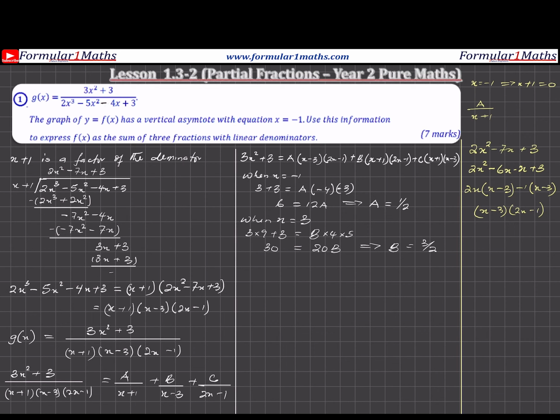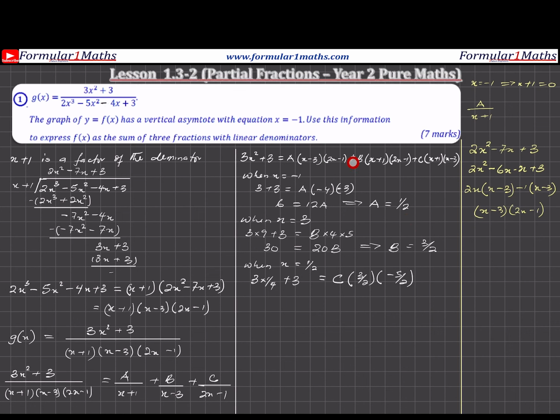So for the next one, I'll say when x is equal to a half, then on the left-hand side, I'll have 3 times 1/4, because x squared is 1/4, plus the 3 is equal to c times 3 on 2 times minus 5 on 2.